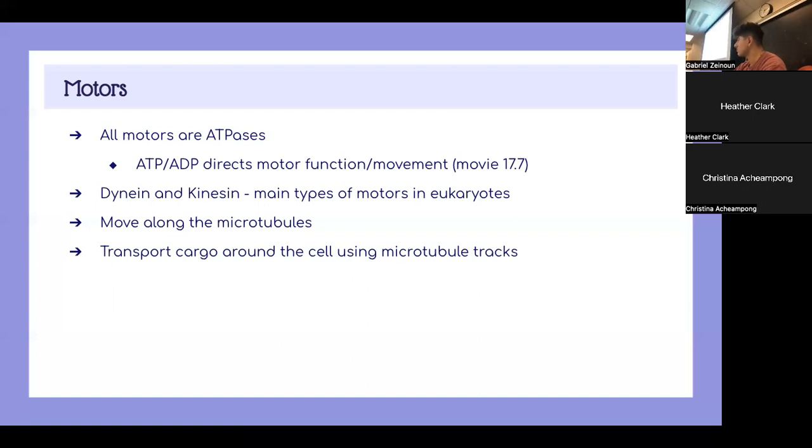I have a couple of questions about that. One was, is the nectar zipping the motor head onto the microtubule more tightly? I didn't get the zipping.